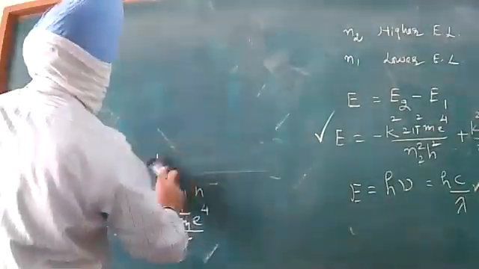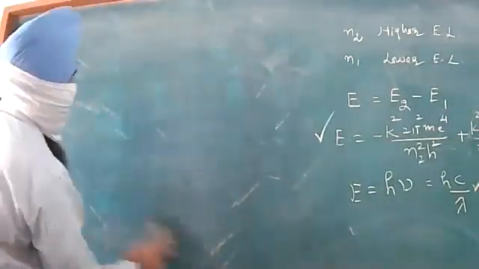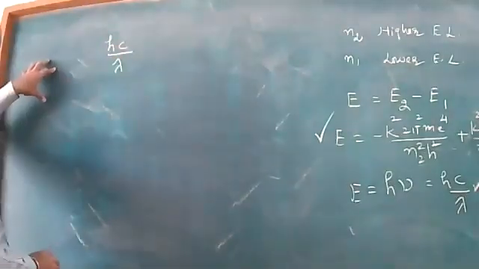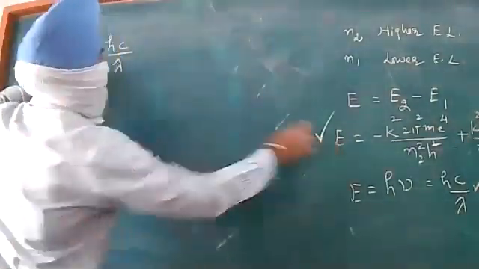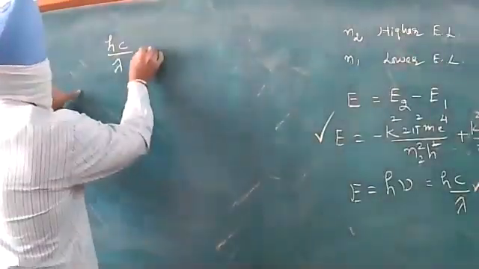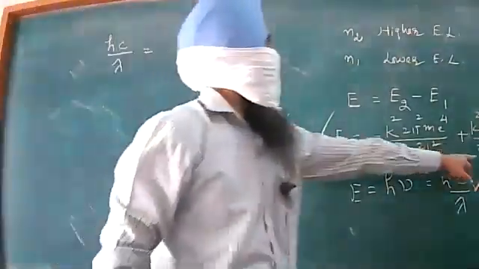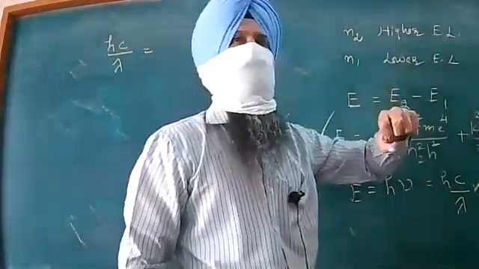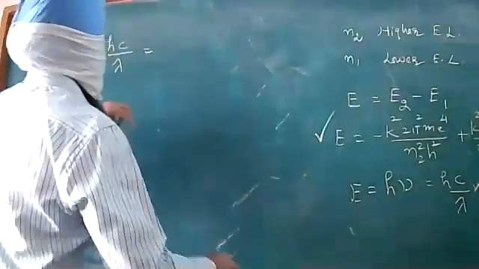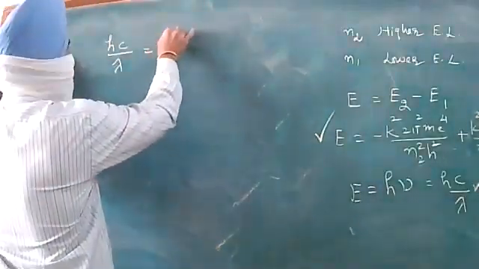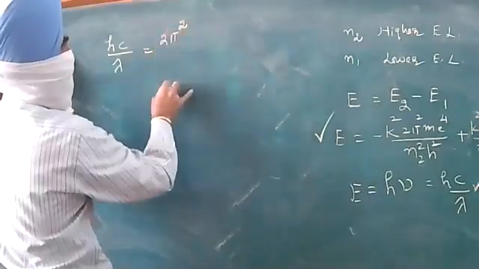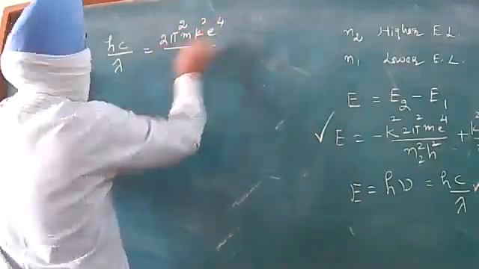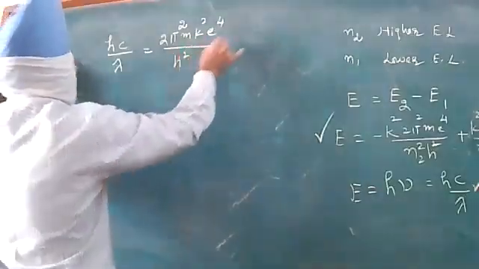We will surely be having hc by lambda on the left hand side at this place beta. And this is equal to beta n1 and n2. I am leaving these and taking all the other factors as common. So this is 2 pi square m k square e4 upon h square.